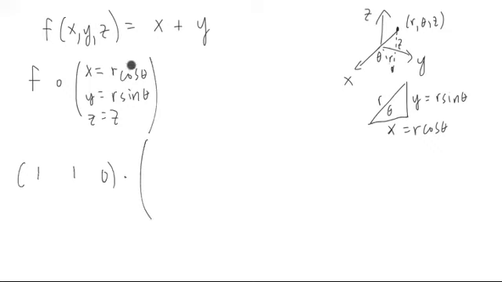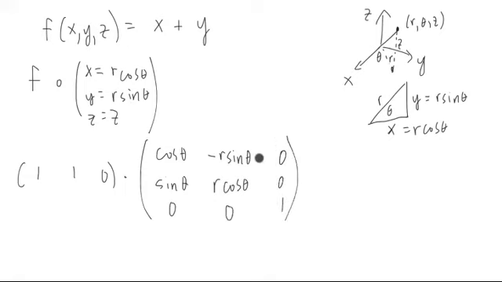Well, we just take this column and we take the derivative with respect to r, then theta, then z in different columns. So with respect to r, we'd have cosine theta, sine theta, 0. With respect to theta, we'd have negative r sine theta, r cosine theta, and 0. With respect to z, 0, 0, 1.